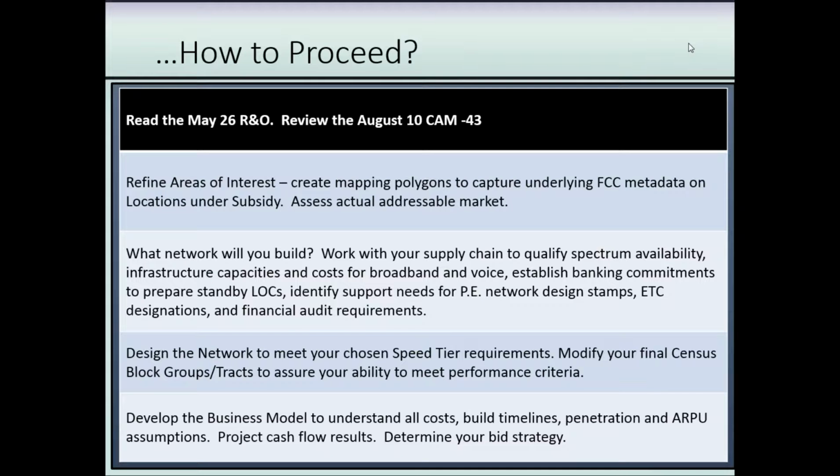What will be the actual propagation characteristics under different conditions? Understand that, look at the innovation and spectrum policy, and begin to develop your relationships for all of the support people that will be necessary to make you properly eligible for the bid.